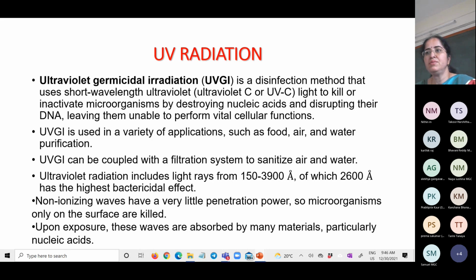Can you remember that term? We have done this, dimerization. Thymine dimerization. Do you remember it, that we have discussed it in the last class?